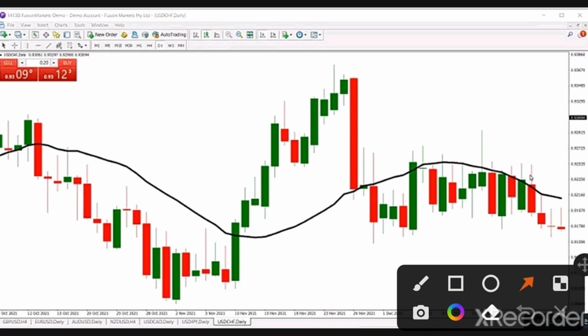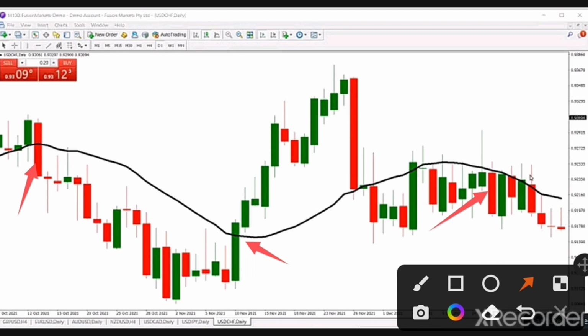If a candlestick is touching the SMA, like this candlestick here, a lot of candlesticks touching the SMA, and this one and this one, it is not considered that the trend is bullish, or that the trend is bearish.